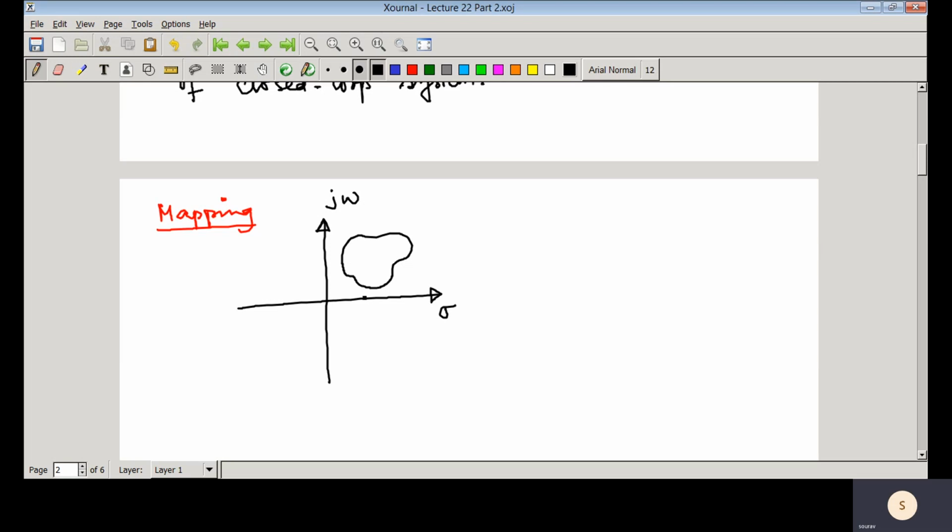This is the contour, and the plane we have considered is the S plane. Now the interesting point is, if we map this contour via a function F(s), a single valued function, to another plane, that plane is the F(s) plane.